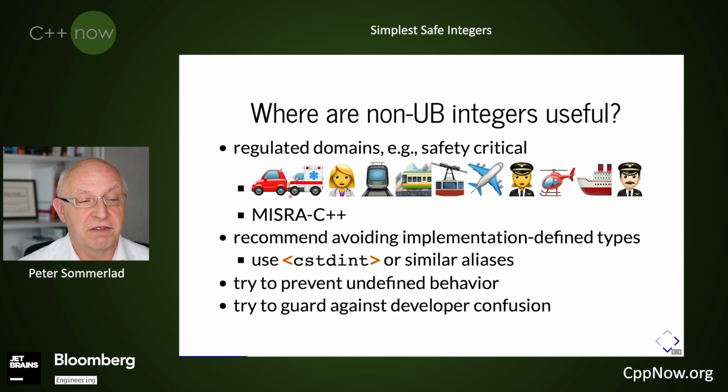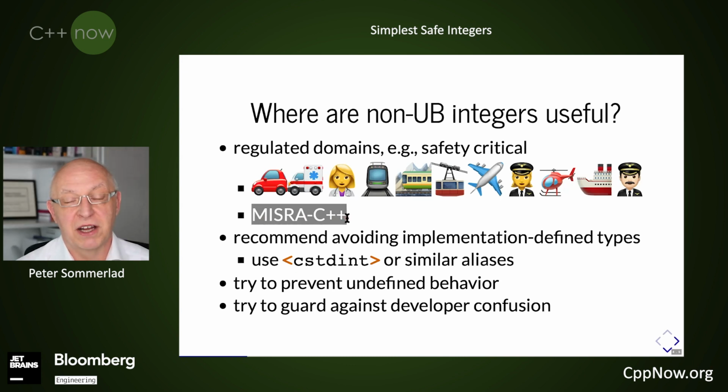And for the safety critical part, especially for vehicles, there are the MISRA-C++ guidelines that talk about how to use a subset of C++ to, let's say, reduce the risk of getting into undefined behavior, or getting into writing code that might confuse the programmer.